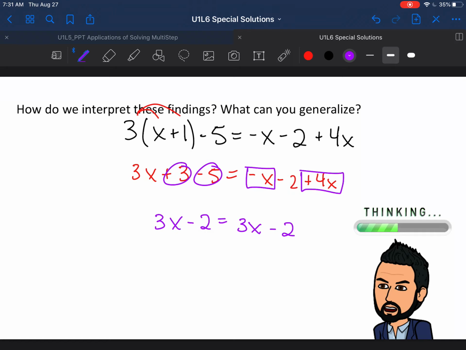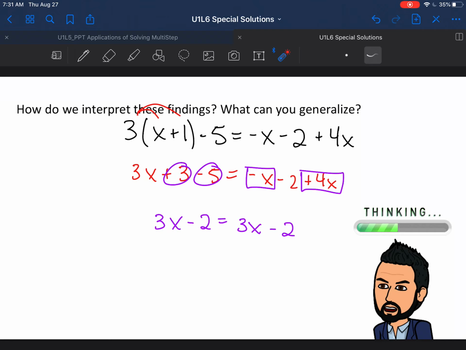So what we find is that once both sides are simplified, the left and the right side of the equation are equivalent. They're identical. Both the left and the right sides are identical once they are simplified. And this right here is a true statement on its own.